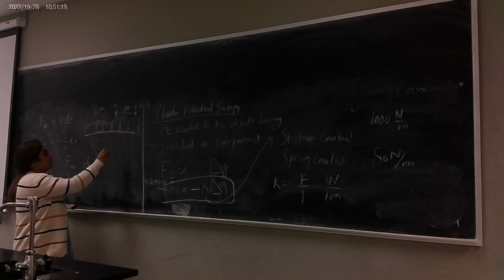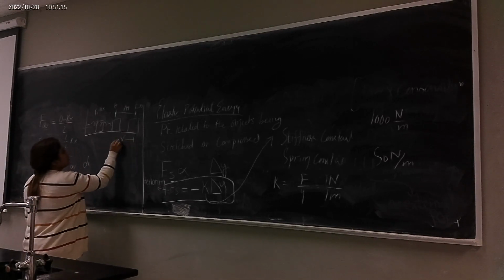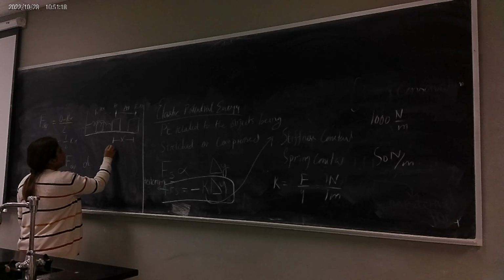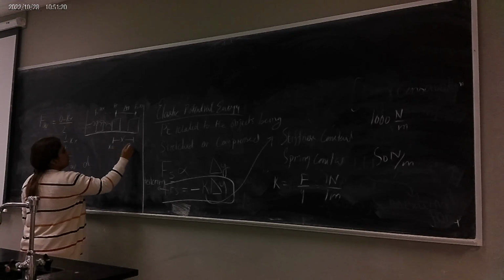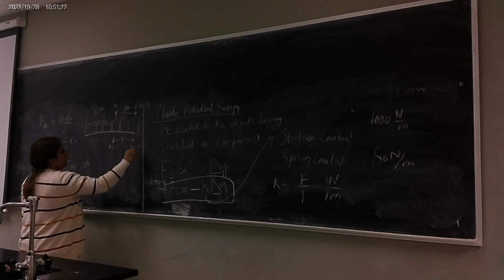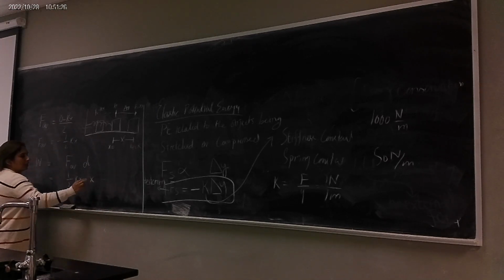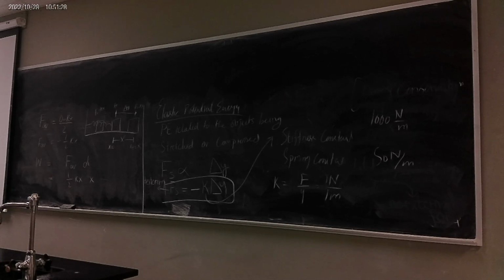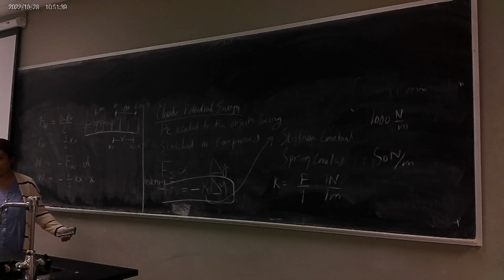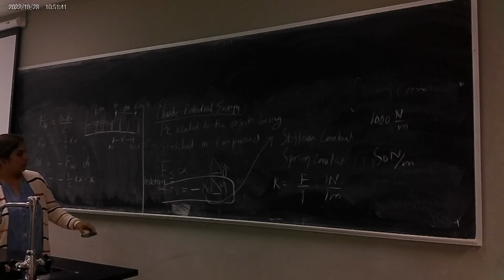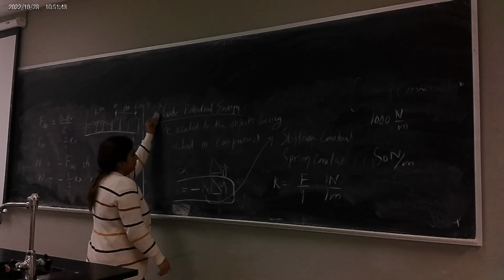If it is displaced from 0 initially to x later, the work done is W equal to negative half kx square.